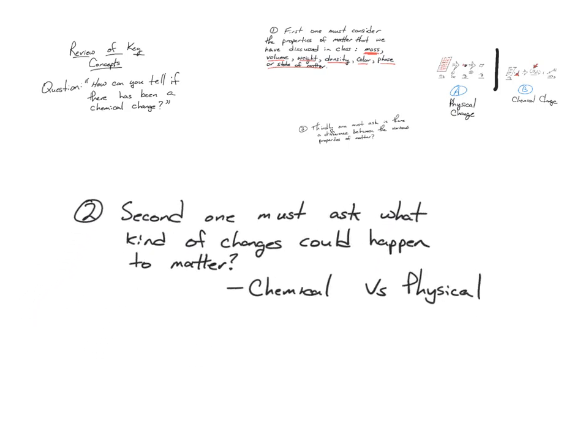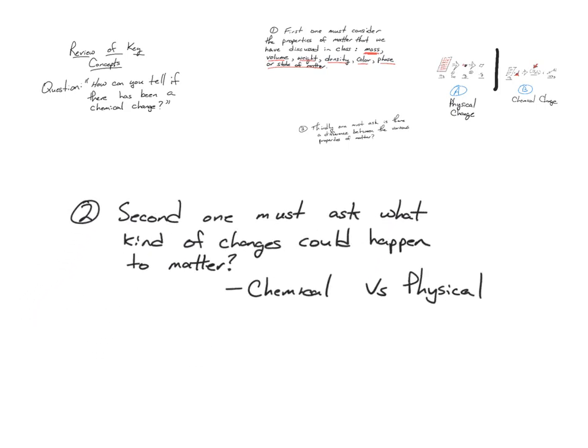Second thing you have to consider if you're going to try to decipher whether you have a chemical or physical change is what kind of changes could happen. Those are the two kinds that we've been talking about. What you have to ask yourself is, if it's a chemical change, did you change the fundamental nature of it, the atomic arrangement?